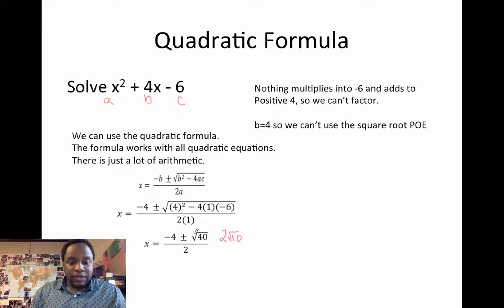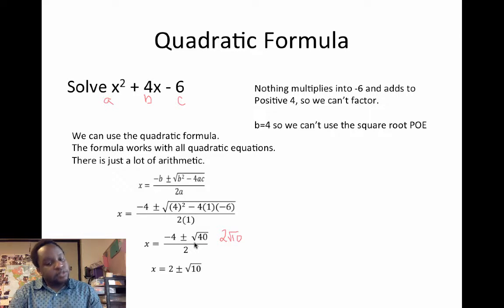So we can simplify this radical to 2 radical 10, and then simplify this fraction to get that x is equal to 2 plus or minus the square root of 10. So that's our solution. So x equals 2 plus radical 10, and it also equals 2 minus radical 10.